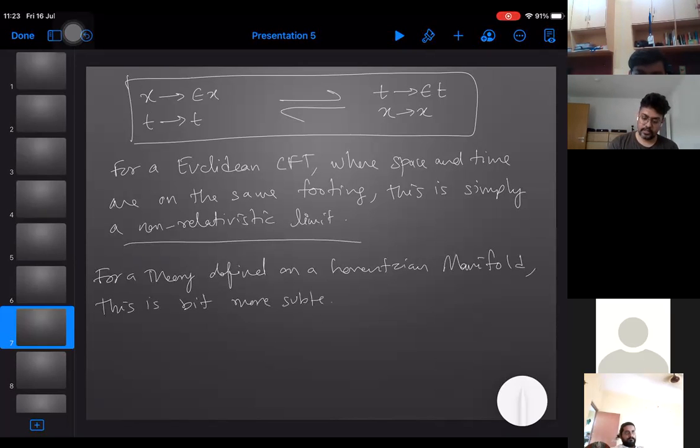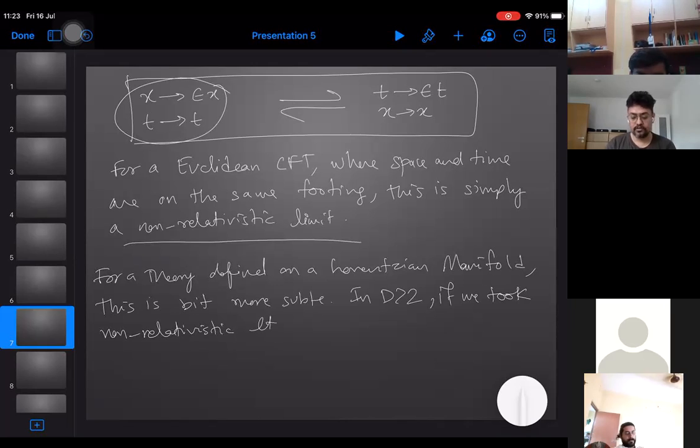In D greater than 2, for example, if we took the non-relativistic limit with this one, we would end up with the conformal algebra, we would end up at GCA, as we have seen before.